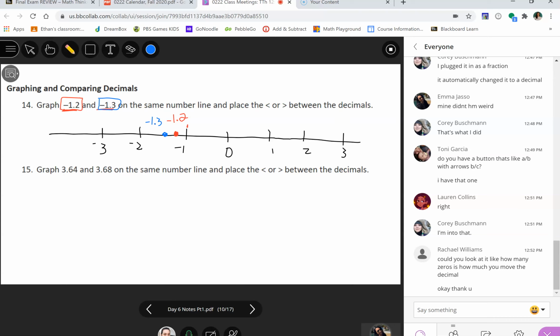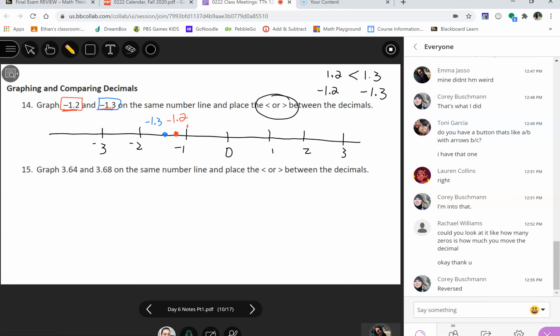So you'll pick out the multiple choice where those are graphed correctly, but then it wants you to place your symbols between them. If I was comparing positive 1.2 to positive 1.3, I would pick the positive 1.3. But if I'm comparing -1.2 to -1.3, it's reversed.